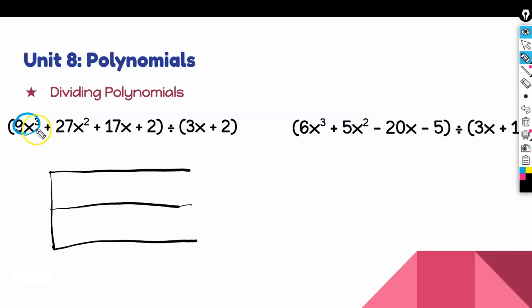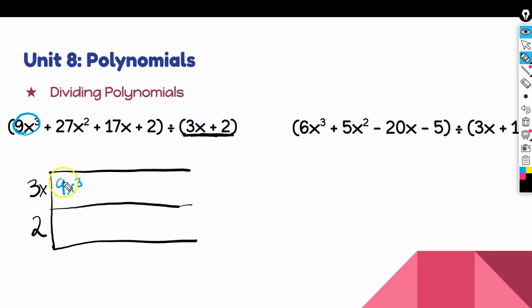So the first term goes on the inside. This short polynomial is going to go on the outside, on this side. Okay, and inside this first space, I have my first term. Now, what's going to go on top of the box is what multiplies with 3x to give me 9x to the third.